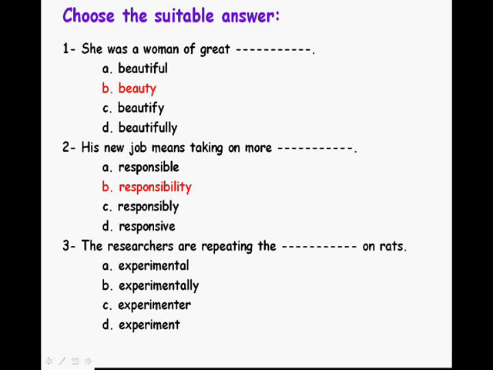Which is the noun here? Remember, we need to put a noun in this space. Very good. So, it's D, experiment. The researchers are repeating the experiment on rats. Very good.